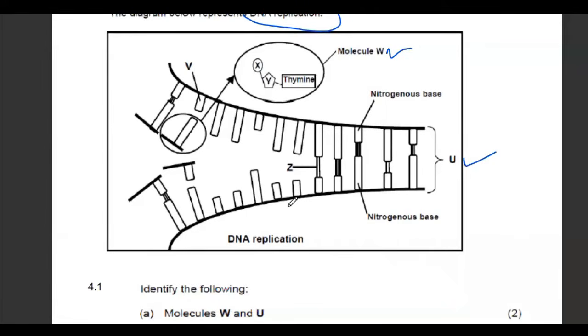Then they are saying that Z is weak hydrogen bonds, correct. And then what is V? How do we know the nitrogenous base V? Because the nitrogenous base is complementary to this, and this is given here, which is thymine, therefore V is equal to A, which is adenine.